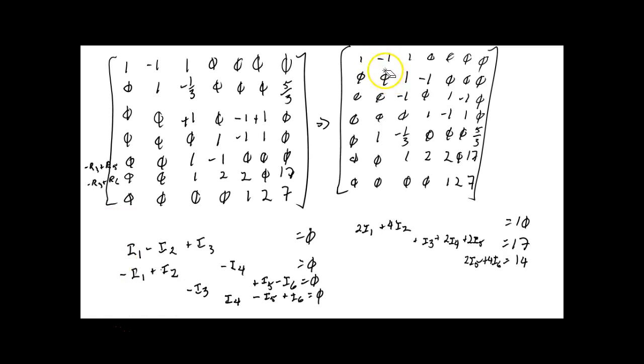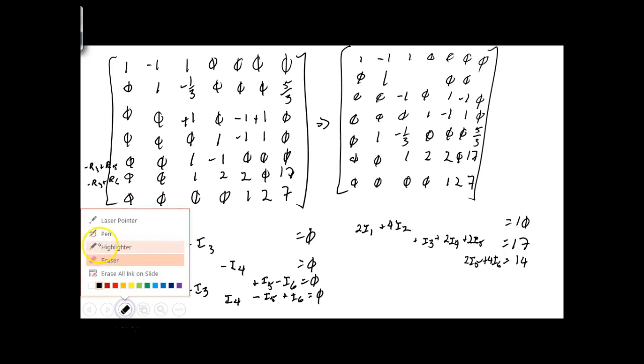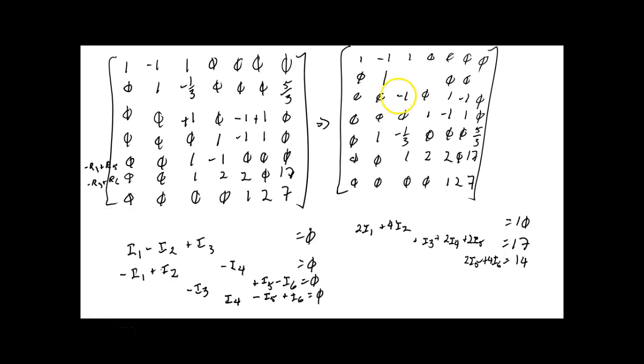Okay. My row 3 has changed signs. So let me go back and just do that quickly. Plus, minus, plus. Okay. Row 4 stays the same.